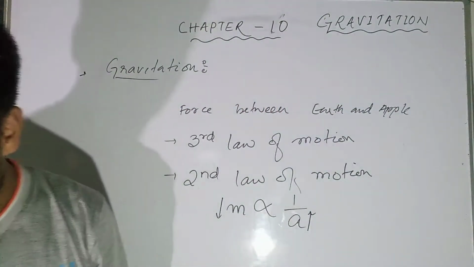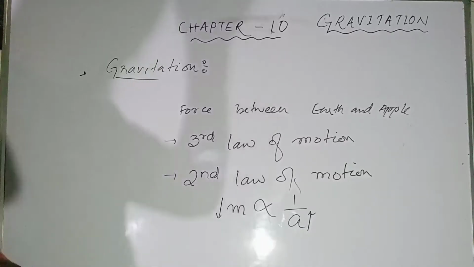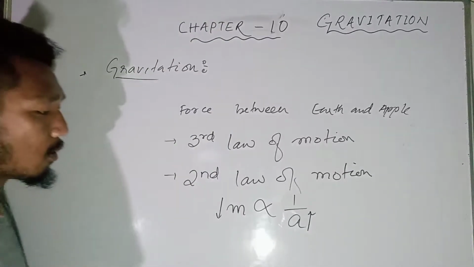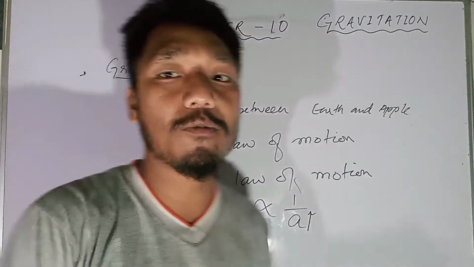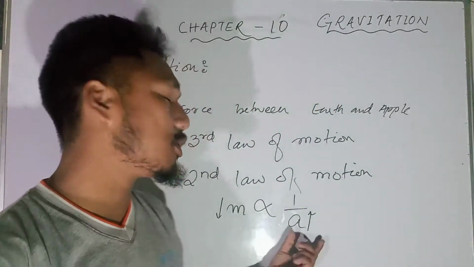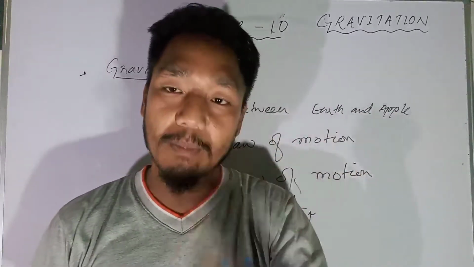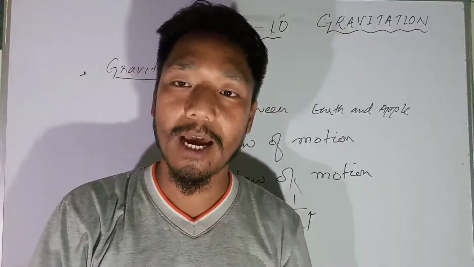If the mass of an object is very small, that means the acceleration will be high. The mass of the apple is very small as compared to the mass of the earth, so the acceleration of the apple will be more as compared to the earth. That means it can easily fall towards the earth.